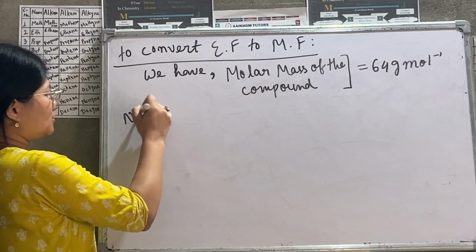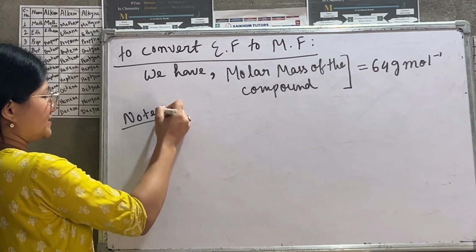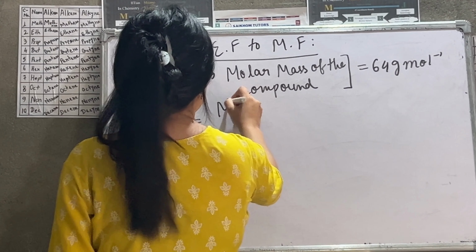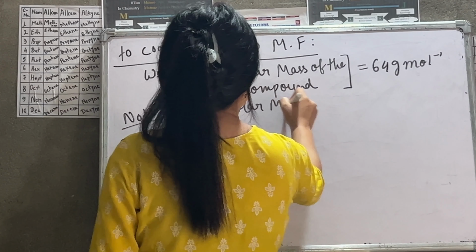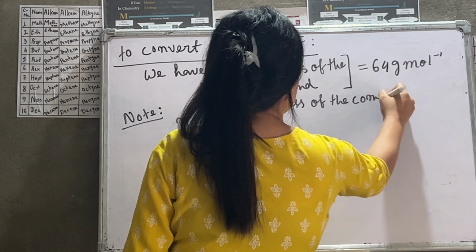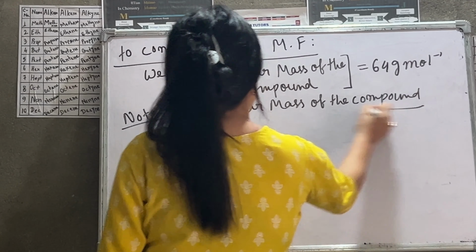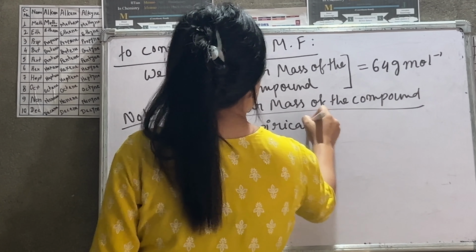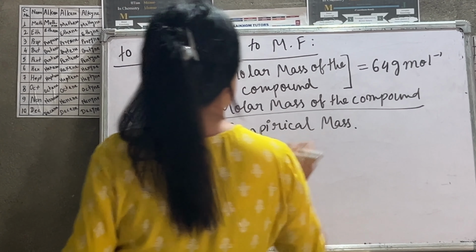So write down a note. One note is that small n equals molar mass of the compound by empirical mass.